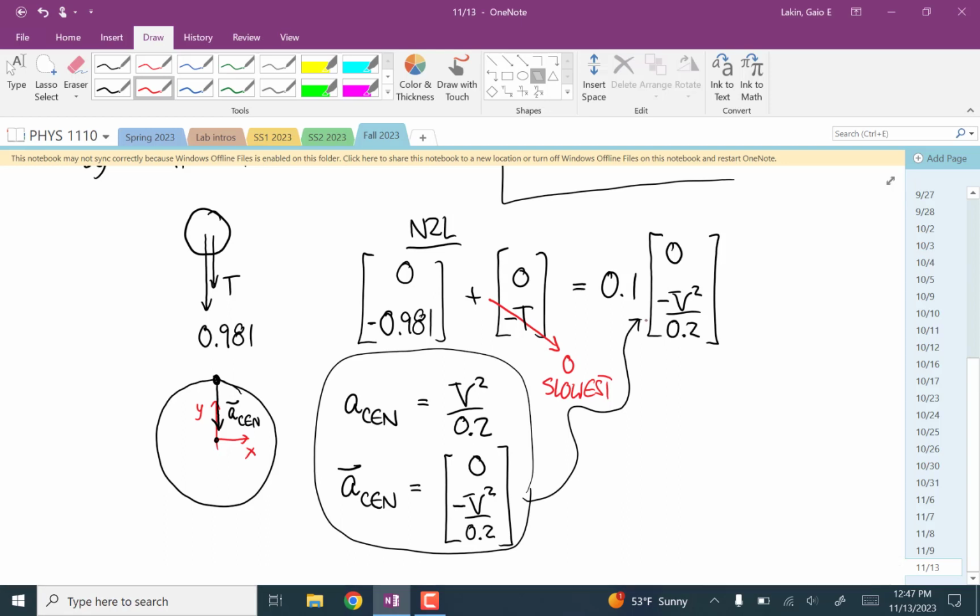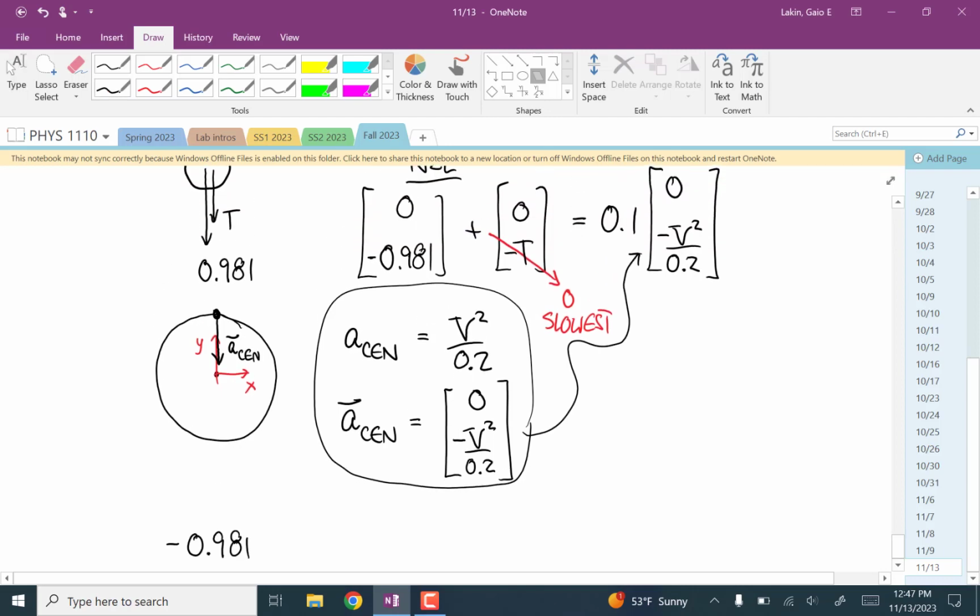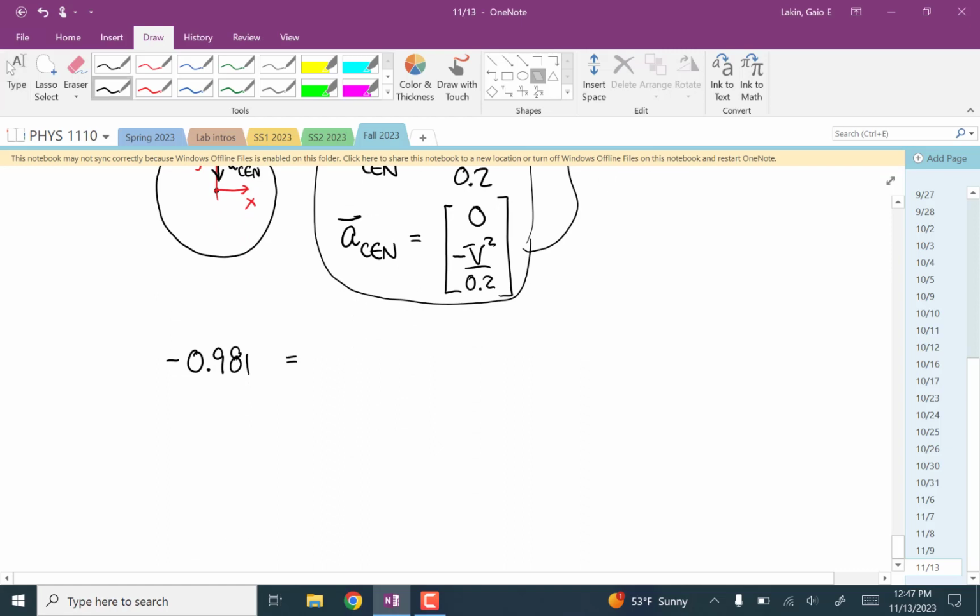Remember doing a problem like that? Yeah. Okay, so the y equation now says negative 0.981 plus 0 is equal to negative 0.1 v squared over 0.2.